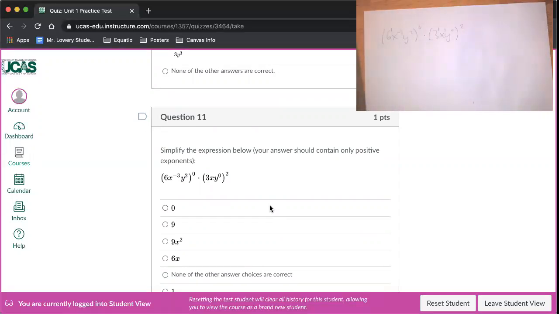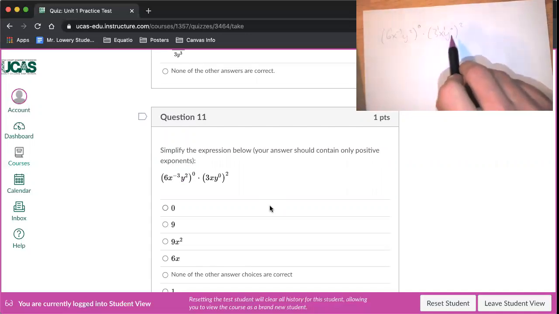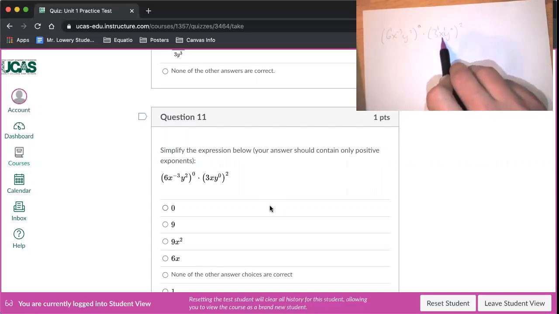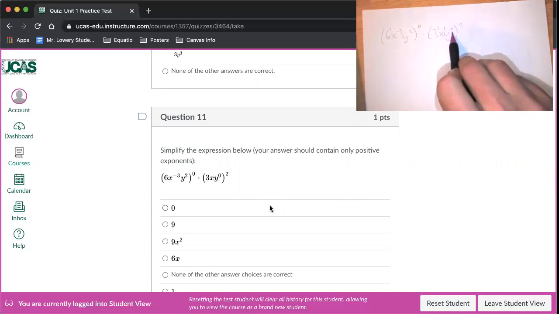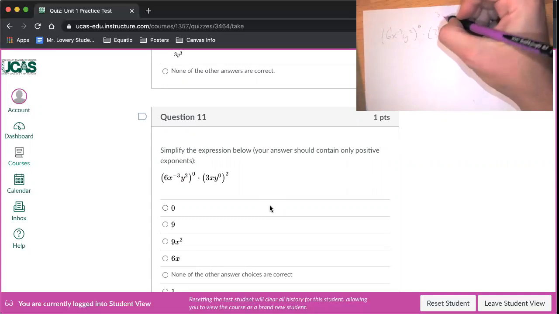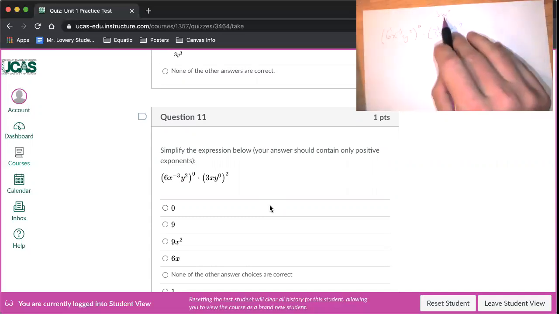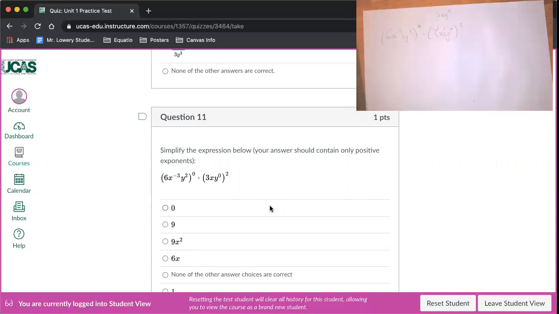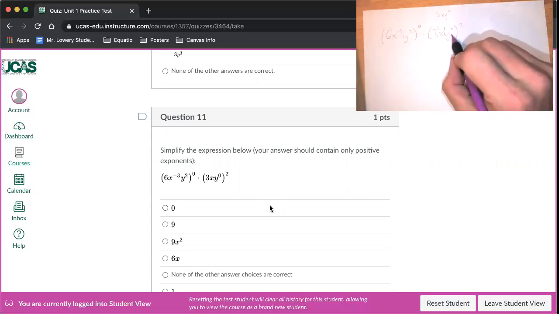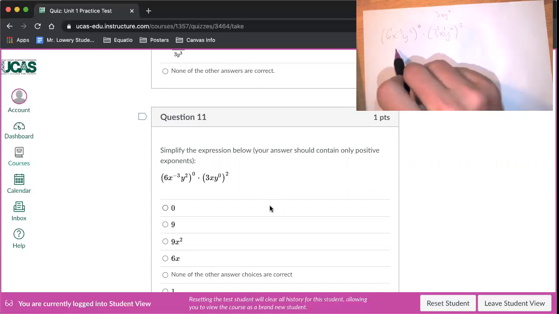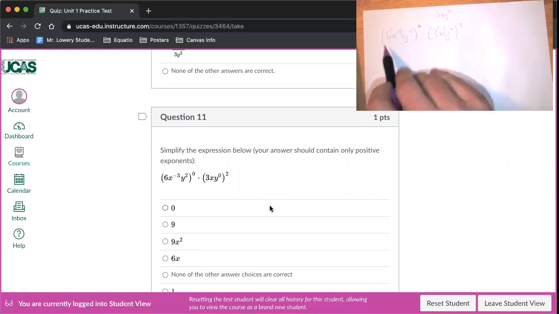The reason why that's important, especially in this case, is because we want to see that this x is not being taken to the power of 0, and this 3 is not being taken to the power of 0. If you just write 3xy 0, you might get confused and think that all of those things are being taken to the 0 power, and they're not. It's just the y. Now over here, in this case, this whole chunk is being taken to the 0 power.